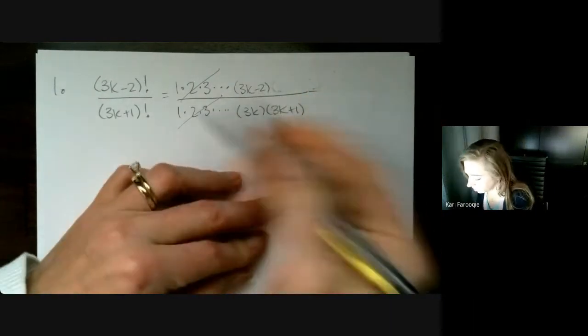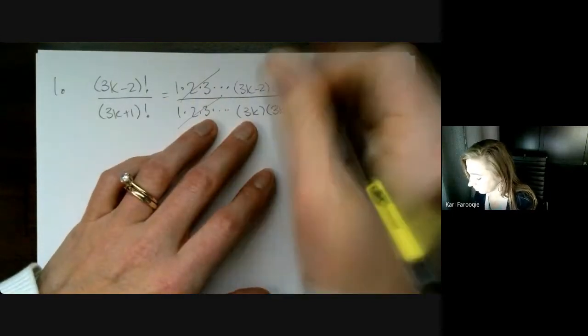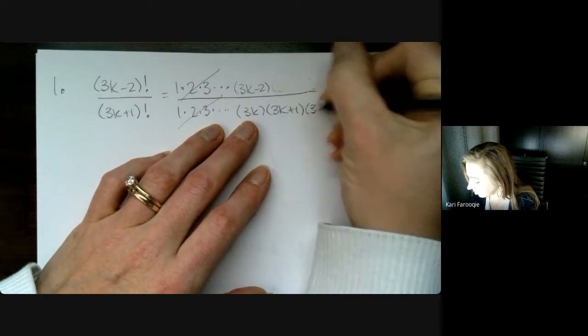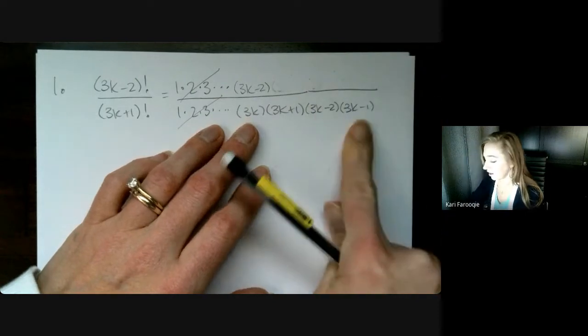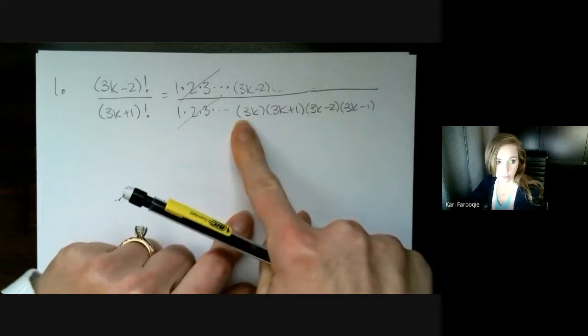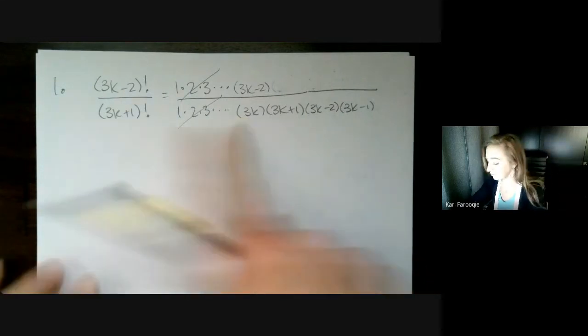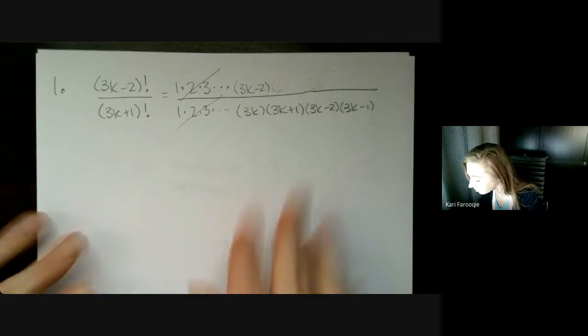Okay, 3k minus 2. So in the denominator, that's what I should have included before the 3k. So I should have put it there, but that's okay. 3k minus 2, 3k minus 1 had to get put in before the 3k. Wait. All right, you guys, I'm losing it. I'm looking at the, all right, 3k minus 2.